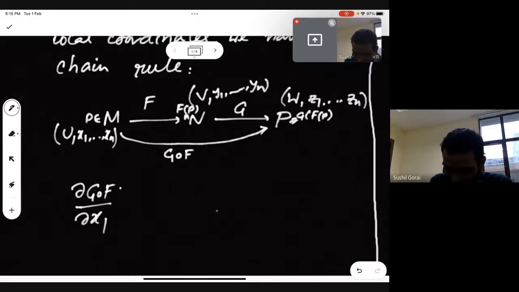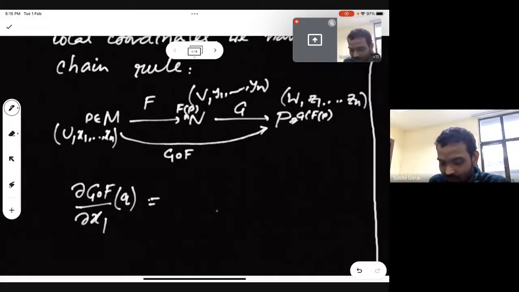What will be the chain rule here, at a point Q in the neighborhood of P?